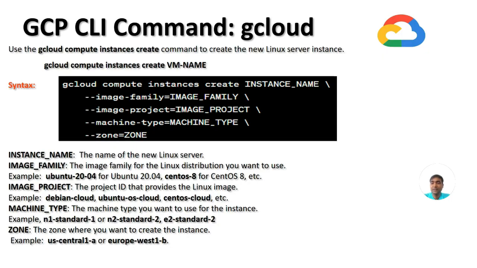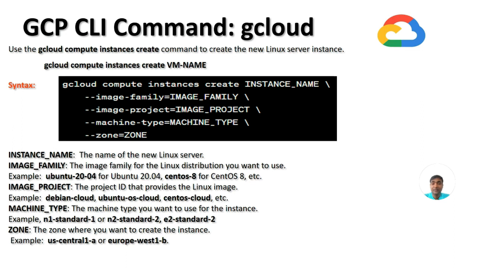Guys, as you can see here, use the gcloud compute instances create command to create new Linux server instances. Based on your requirement, you can replace the placeholder values with your desired configuration like instance name, image family, image project, machine type and zone. For example, you can mention the name you want to give the new instance in the instance name field.